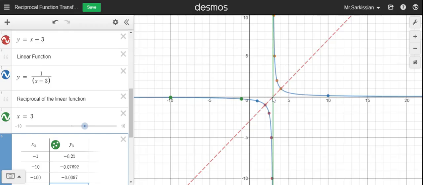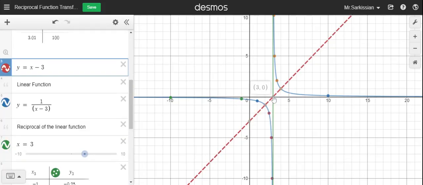And one more thing I have to add: whenever you have a reciprocal function, whatever the x-intercept of the linear function is, here you see the x-intercept of the linear function is (3, 0), right? That point would represent the vertical asymptote for the reciprocal function. So x equals 3 for the rational function represents the vertical asymptote.